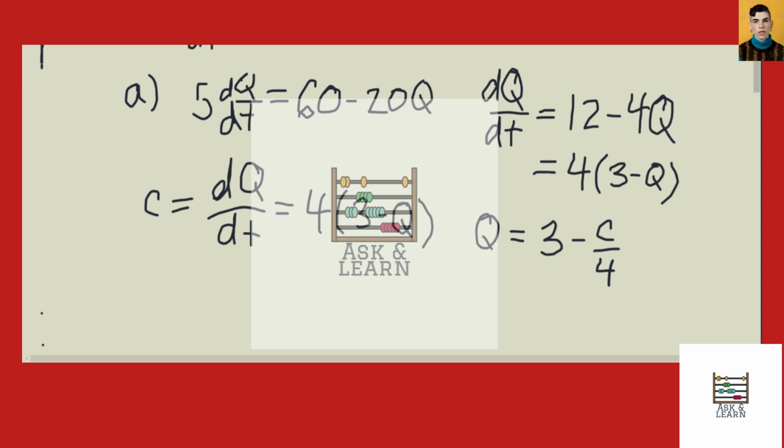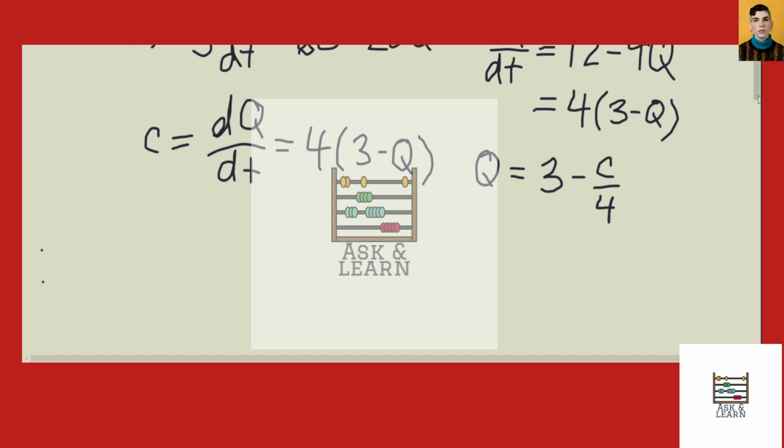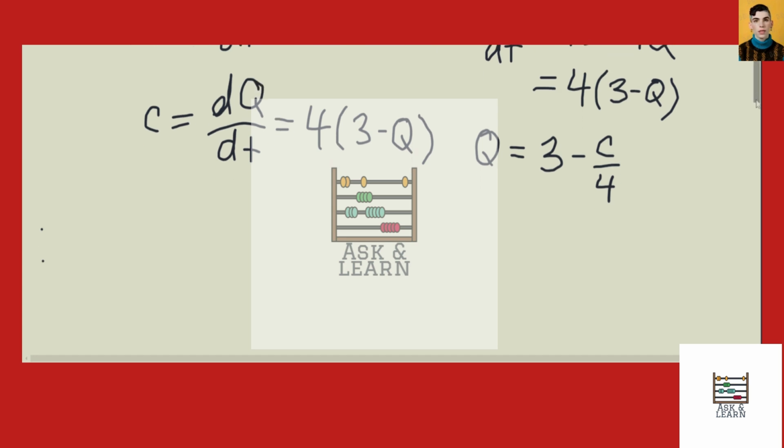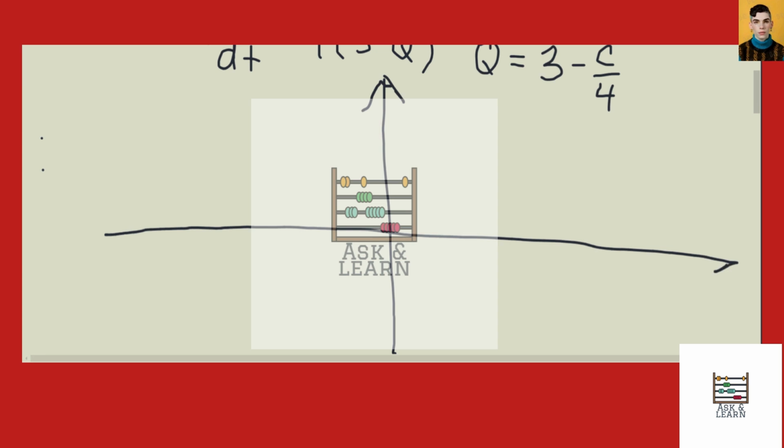Note that C here is not the capacitance, this is just some real number C. So this Q is actually a function of time. What we have here is a series of horizontal lines in our graph of Q of t versus t, the points on which all have the same slope.